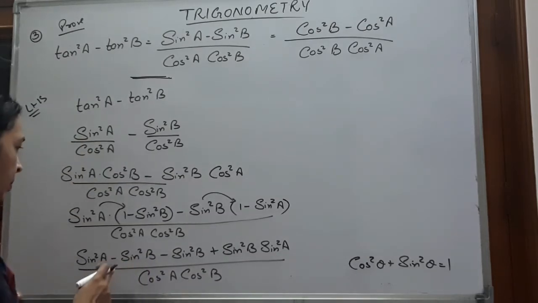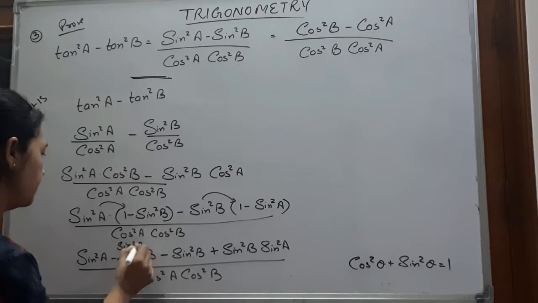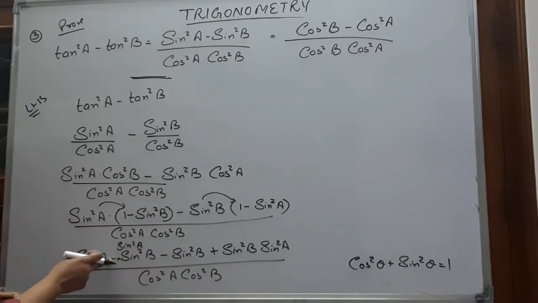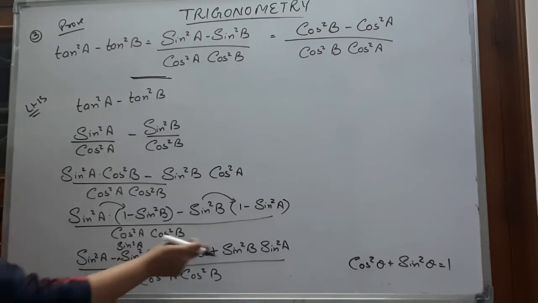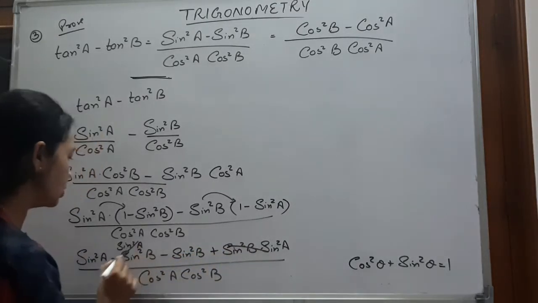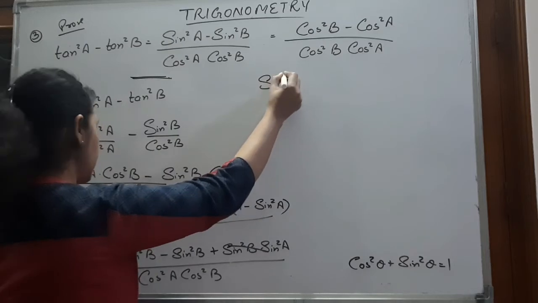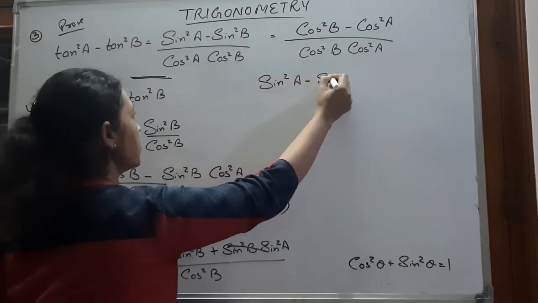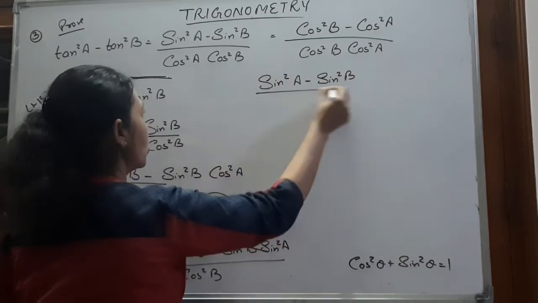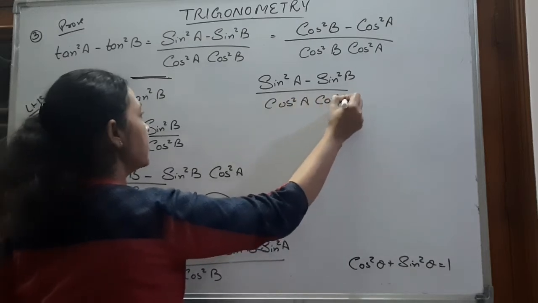Here we have sin square a into sin square b, negative sign. Here we have sin square b into sin square a, positive sign. Both terms get cancelled. What is left with us? Sin square a minus sin square b upon cos square a into cos square b.